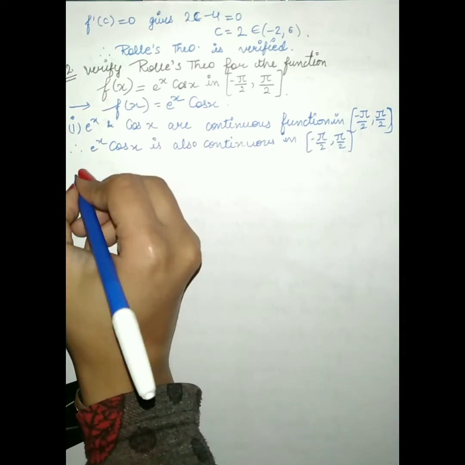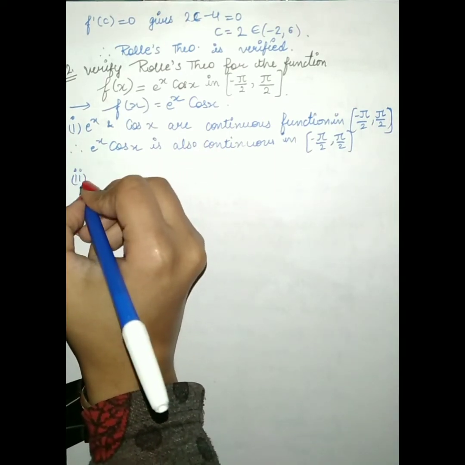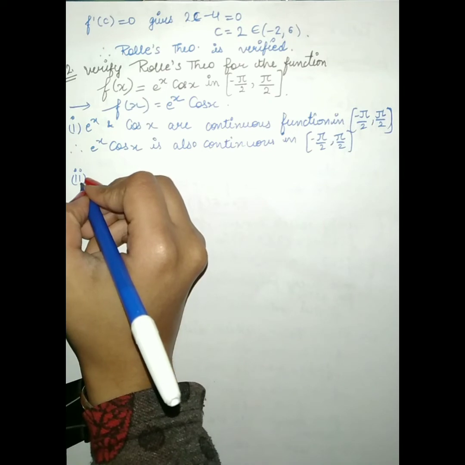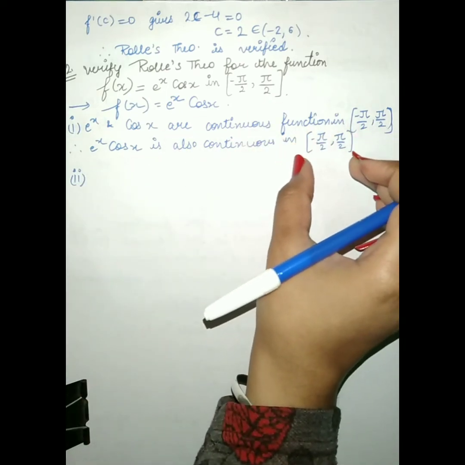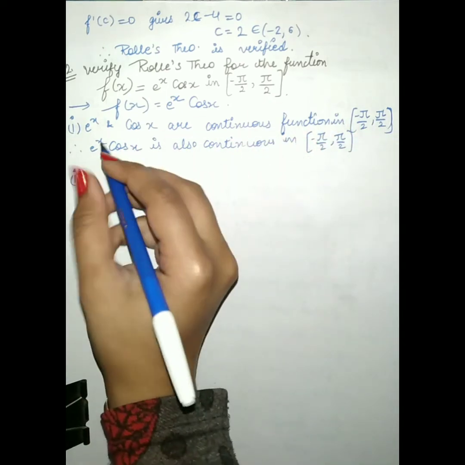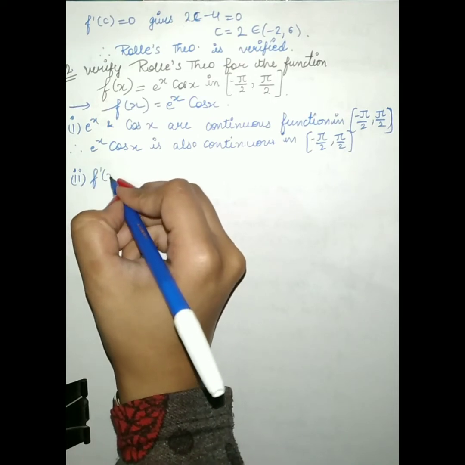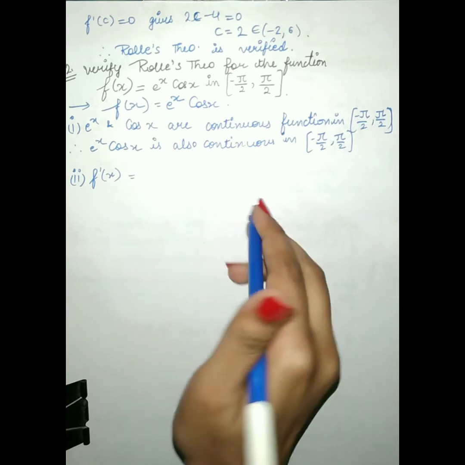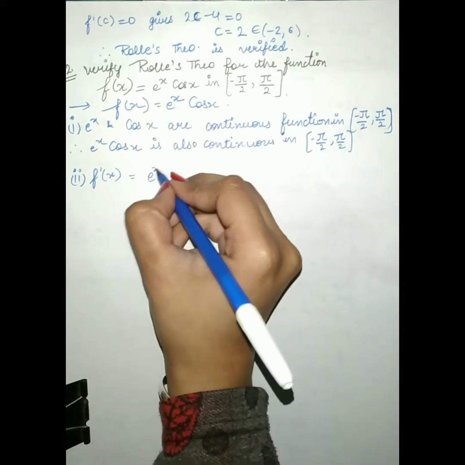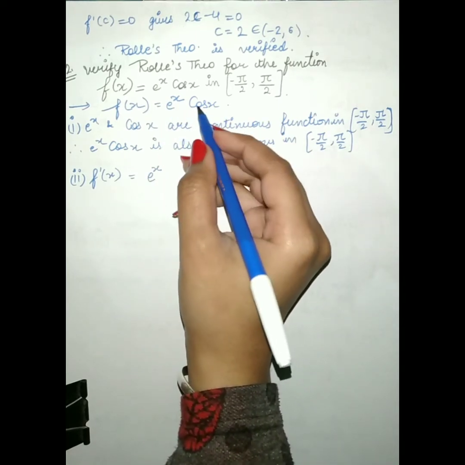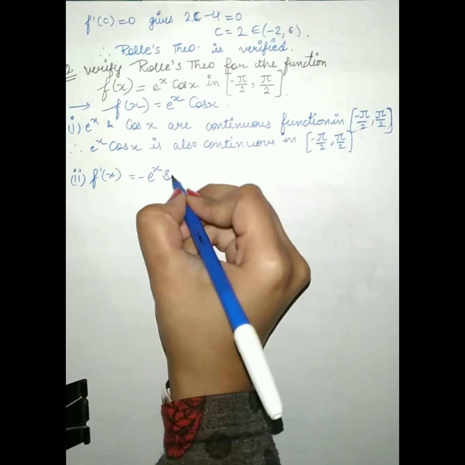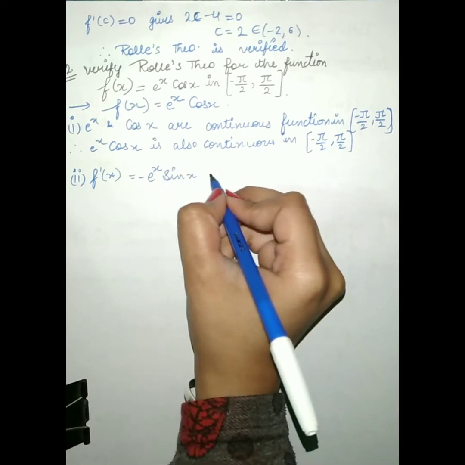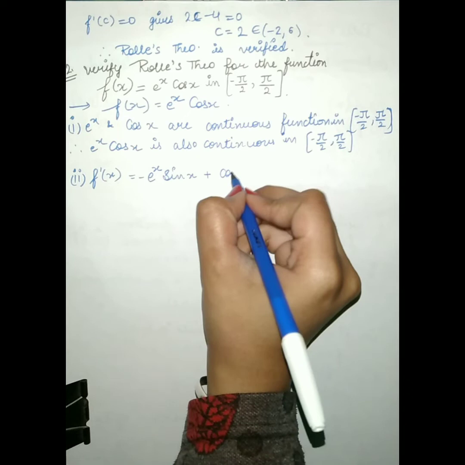Now secondly we will prove that f of x is derivable on the open interval. For this, firstly we will find f dash x. That means the derivative of this term. It will become first into derivative of second plus second into derivative of first.